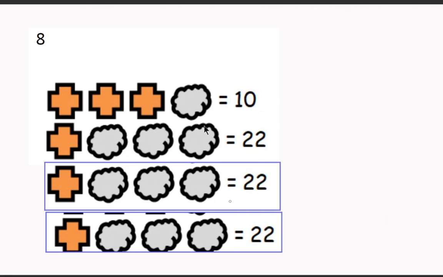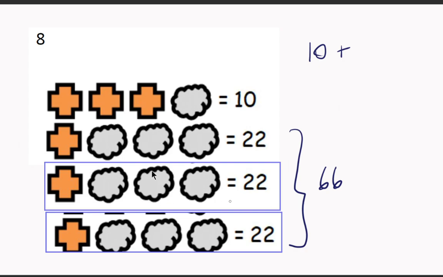Well, now you can see 3 of these star shapes and 1 cloud is 10. Now altogether all these 3 rows add up to 66, but I know that 3 of those star shapes and 1 of the clouds makes 10. So basically 10 plus, and then I've still got these 2 clouds, these 3 clouds and these 3 clouds to make 66.